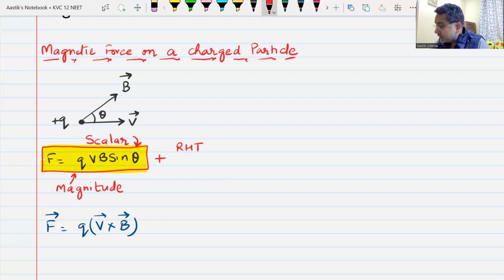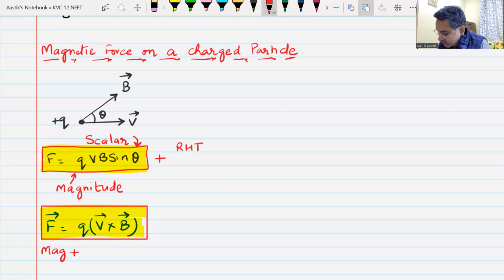The vector equation will give us both the magnitude as well as the direction of force, and therefore it is known as the vector equation. The other one is the scalar equation.